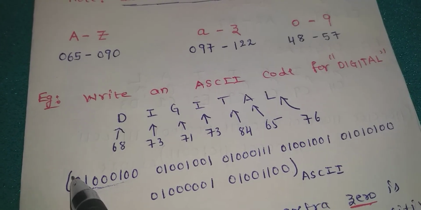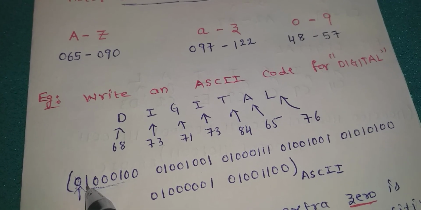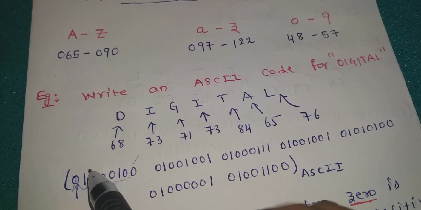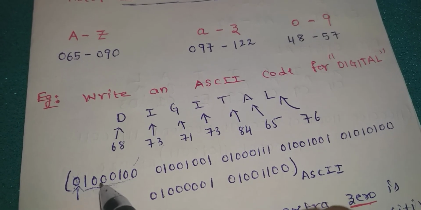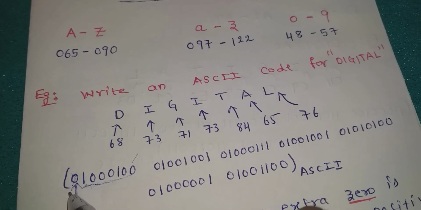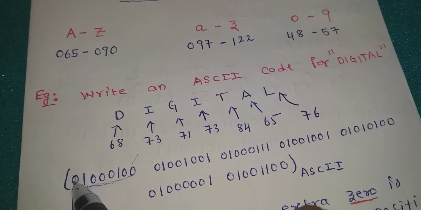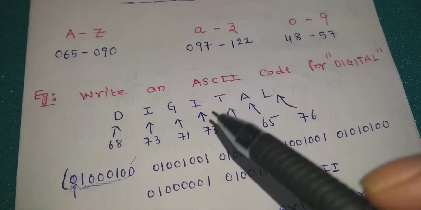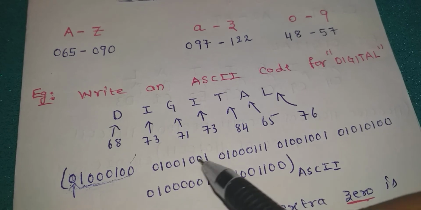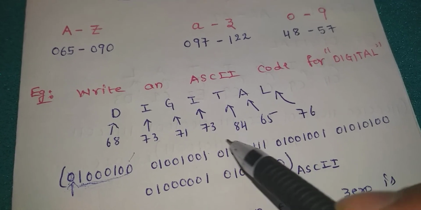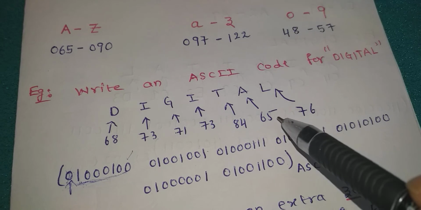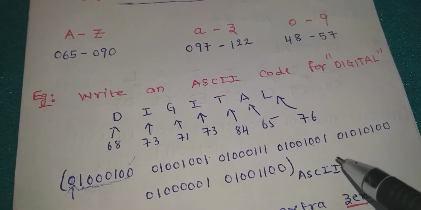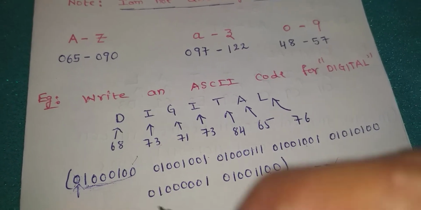If you didn't add this, it becomes 68 in 7 bits, but some will be confused that it is a negative number because the most significant bit is 1. To overcome this confusion, I have chosen 0 in the most significant bit position. Similarly, I have written 73 in binary, 71, 73, 84, 65, and 76 in binary. In the suffix I have written that it is an ASCII code. Is it clear?